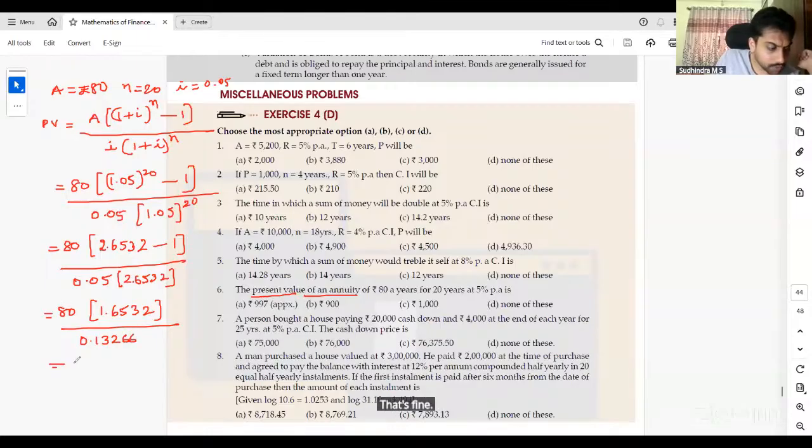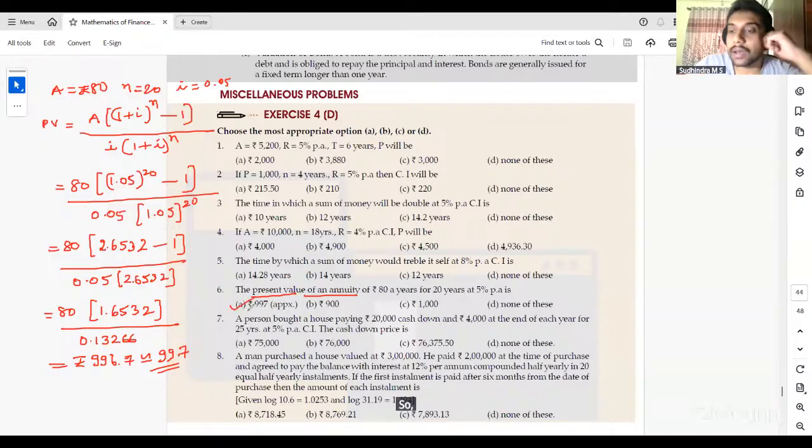Upon simplification of this, we get 997. Yes, 996 or 997, Bhargavi. So, rupees 997 approximate. Clear, Bhargavi? Understood?